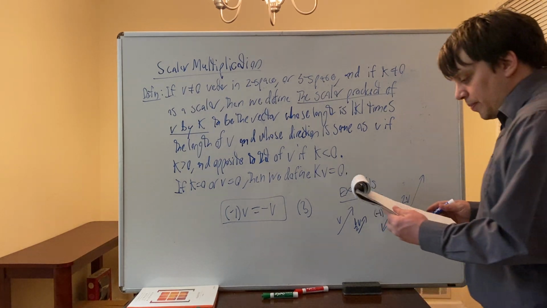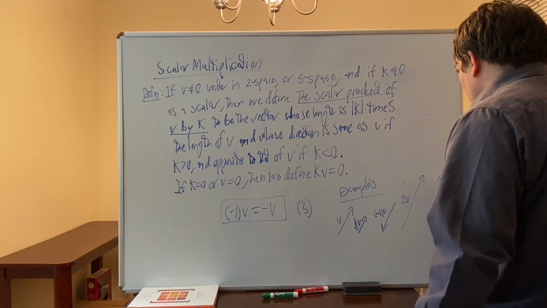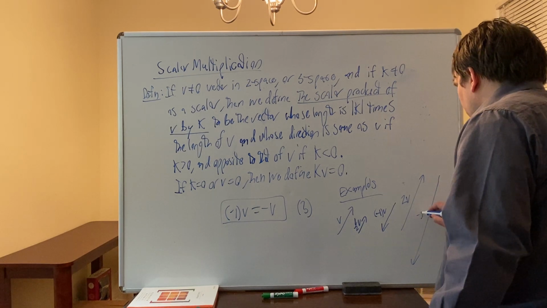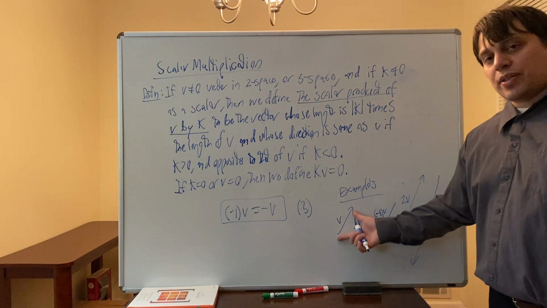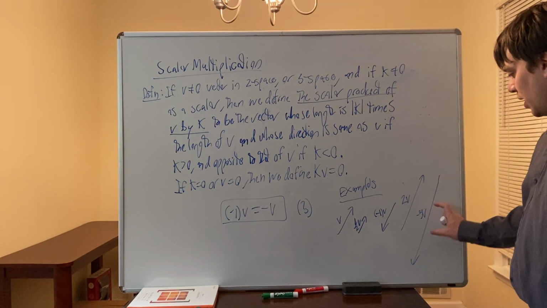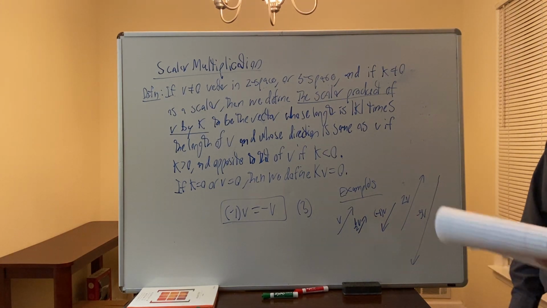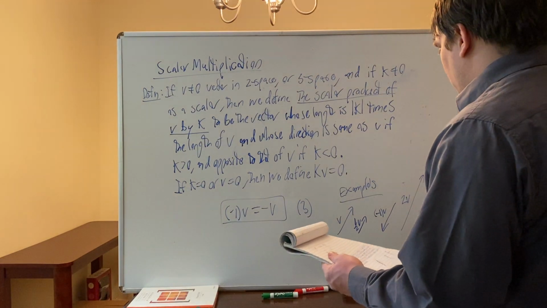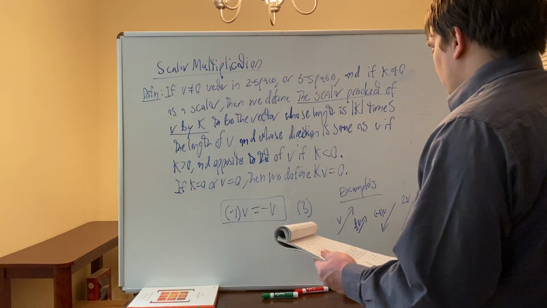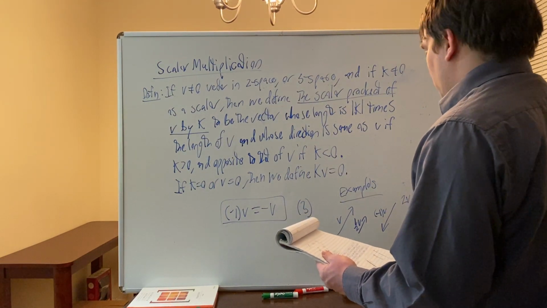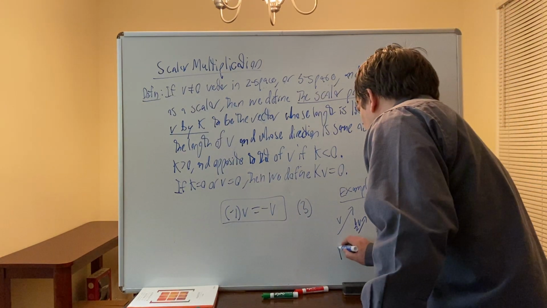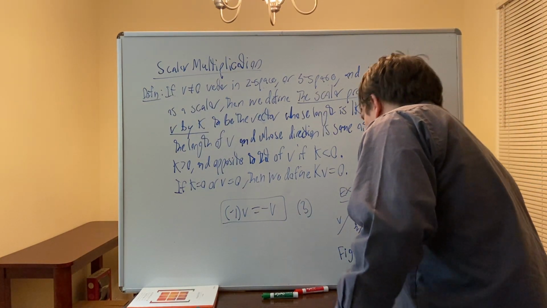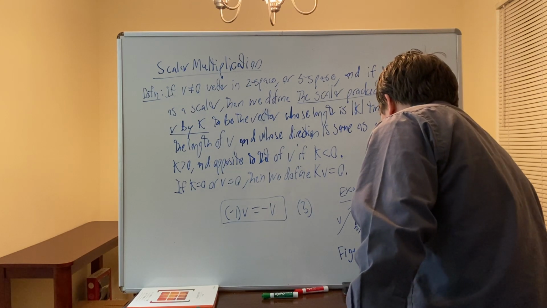Negative 3v is the opposite direction of v and 3 times its magnitude. Those are 5 examples of scalar multiplication of a vector by a scalar. This is figure 3.1.7 in the book.